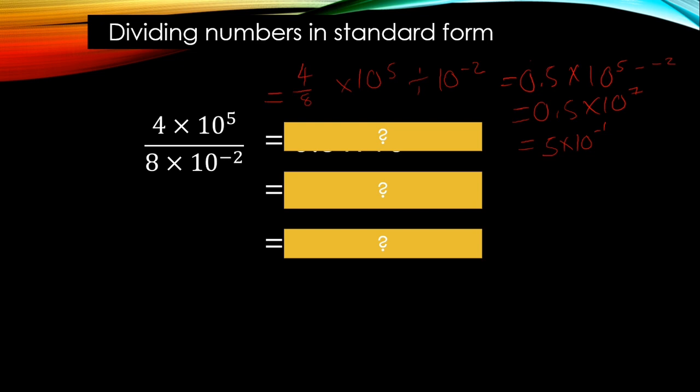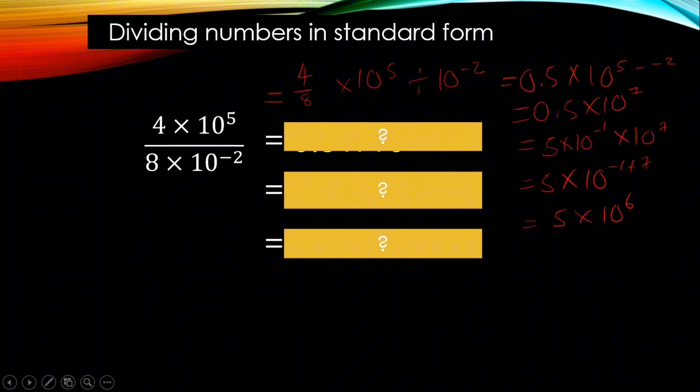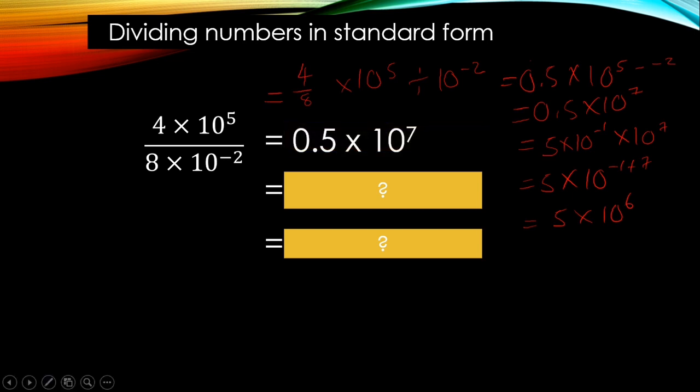Because it's a fraction, it is 5 over 10, which is the same as 5 times 1 over 10, which is 5 times 10 to the power minus 1. Here, times 10 to the power 7. So 5 times 10 to the power minus 1 plus 7 gives us 5 times 10 to the power 6.